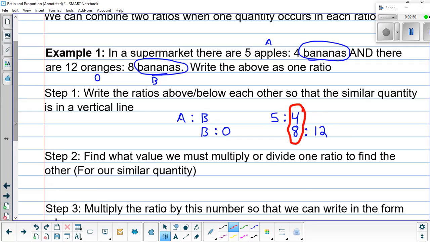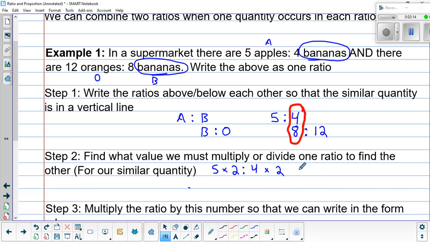So let's do multiply. Here, I'm going to take the top row and multiply each value by 2 so that our bananas are 8. So I'm going to go 5 times 2, and 4 times 2, right?